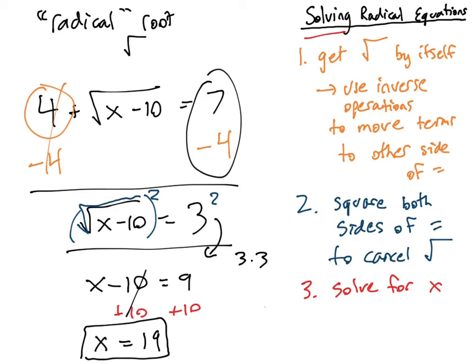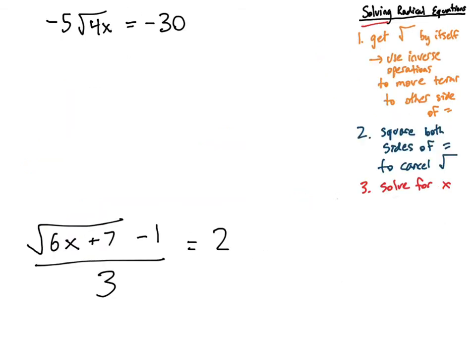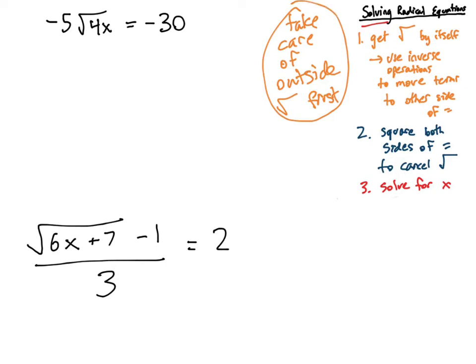So let's keep practicing this method with some more examples. We'll start with this example that's on the top left. And we want to take care of anything that is outside of our radical first, isolating the square root part of this equation.